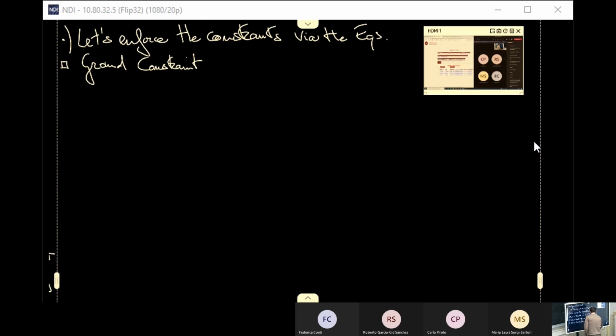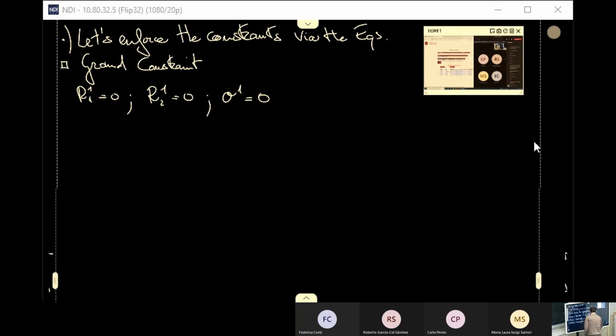So we have this one, then I would say this one, and also the angle, right? So this is the ground constraint. And we see, as we said, that we have 3 equations.